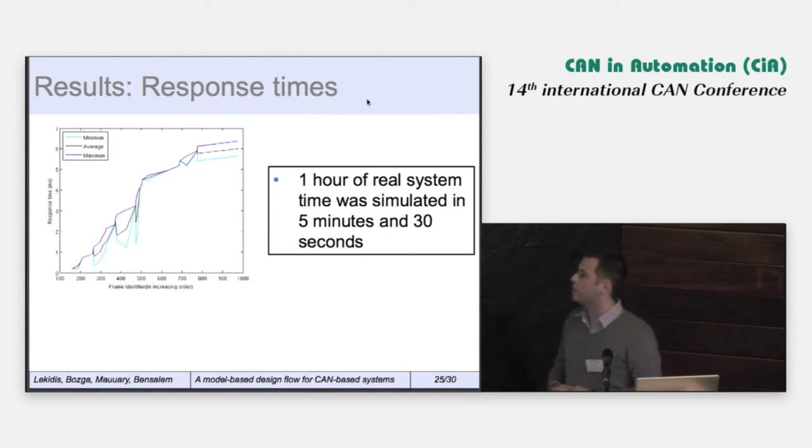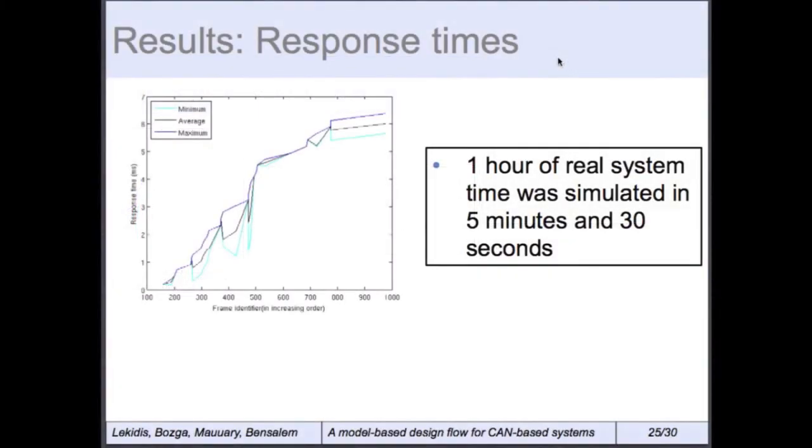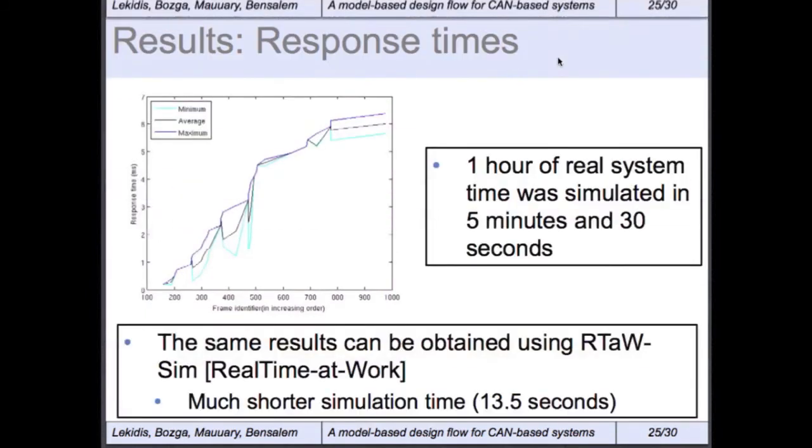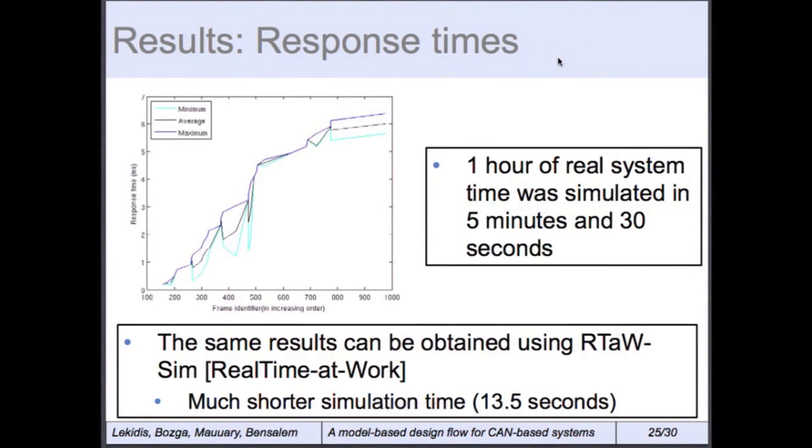As we can see here, we have the frame identifiers in increasing order, and we can see a 3-step analysis: minimum, average, and maximum response times, which is pretty regular according to the priorities of each message. One hour of system time was simulated in 5 minutes and 30 seconds. If you want to compare the results, the same results can be obtained using the real-time simulator, which has a much shorter simulation time.